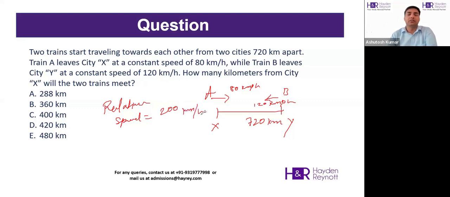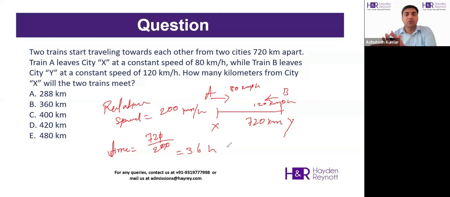Now, to find the time after which they will meet, the time taken is total distance, which is 720, upon the relative speed, that is 200 in this case. So you'll get 3.6 as the total time, right? So 3.6 hours it will take for them to meet each other.